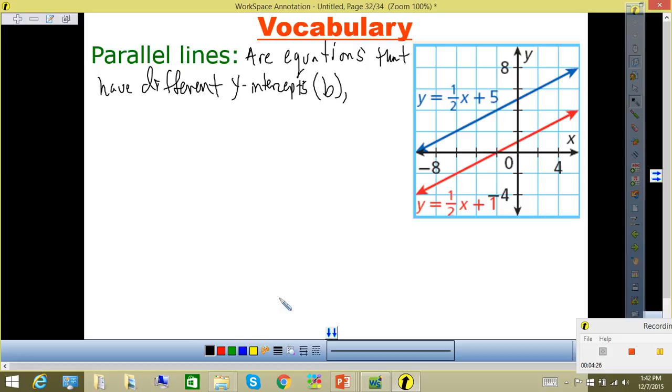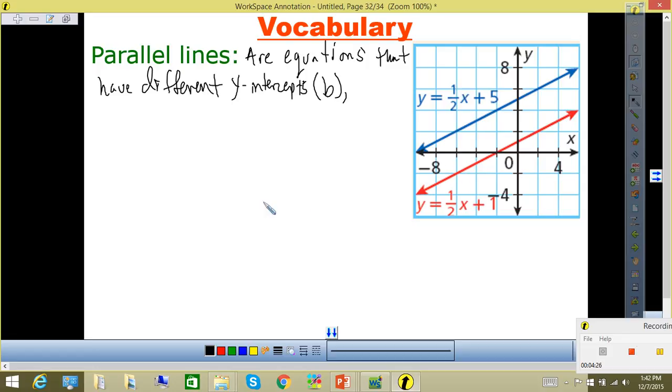So now that we got us in the right direction, how about the second part, Russell? Parallel lines are equations that have different y-intercepts. And have different x-intercepts. Whoa! That's what you saw from those 2 equations?